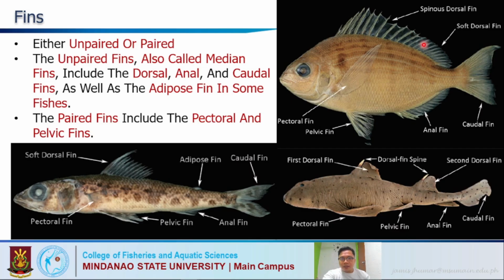This is the unpaired or median fins, which are the spinous dorsal fin and soft dorsal fin, also a median fin, which is the caudal fin and the anal fin. And these are the paired fins, the pelvic fin and pectoral fins. And this is how it looks in some species that have different configurations with regards to their fin arrangement.